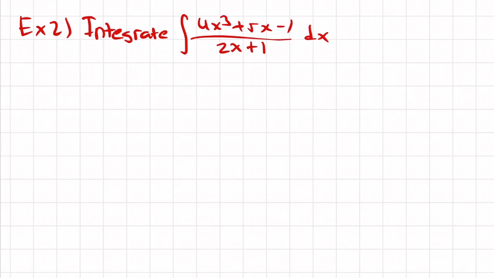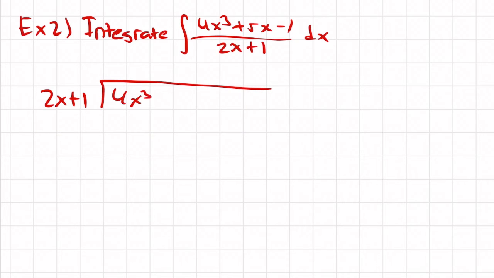So now let's convert the integrand. Our divisor is going to be 2x plus 1, and our dividend is going to be 4x cubed plus 5x minus 1. I'm going to put a placeholder 0 for x squared, just so it's a little bit easier for us to divide. I need to find a number that multiplies with 2x to give me 4x cubed.